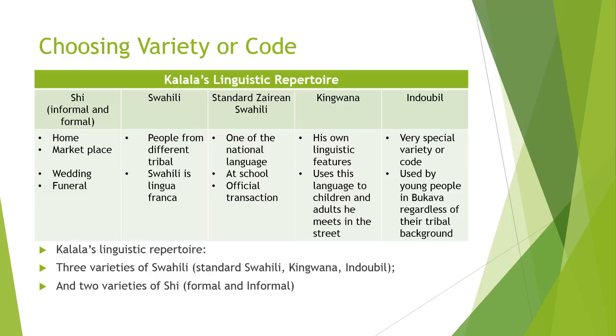So, based on the table, we can conclude that Kalala's linguistic repertoire is the varieties of Swahili, these are Standard Swahili, Kingwana, and Indoubil, and two varieties of Shi, formal and informal.